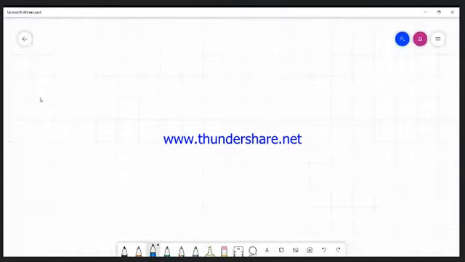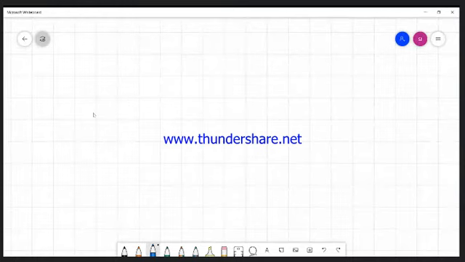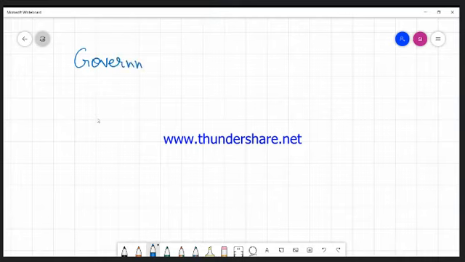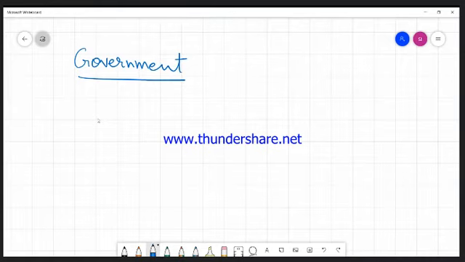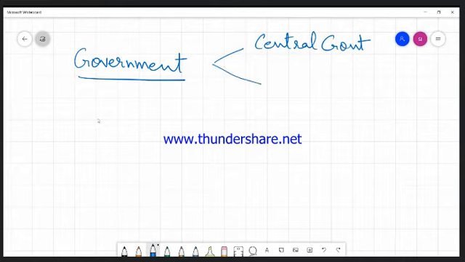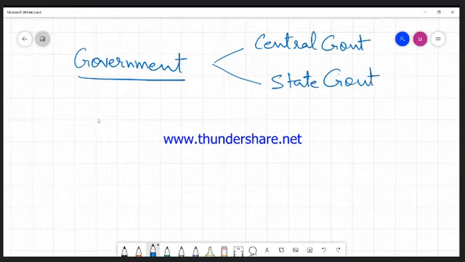Excuse me, ma'am. Ma'am, the economic decision making at the state level, will it come under macro or micro? Okay. So when you say government, now if you are studying this government as a whole, this can be central government, this can be state government, this can be local government.